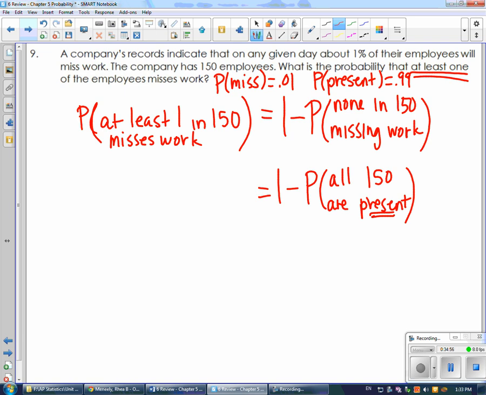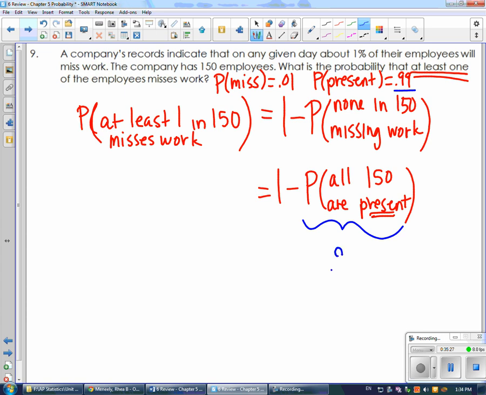And so now if I fill that in, if I want to find this probability, all 150 are present, that means the first one is present and the second one is present and the third one and the fourth one and the fifth one. I'm going to have to assume independence here and that there's not some sort of virus going on. But I can go ahead and use my multiplication rule, which would mean that I'd need to take the probability of being present, the first guy, times the second guy's probability of being present, times the third guy, times the fourth, times the fifth.